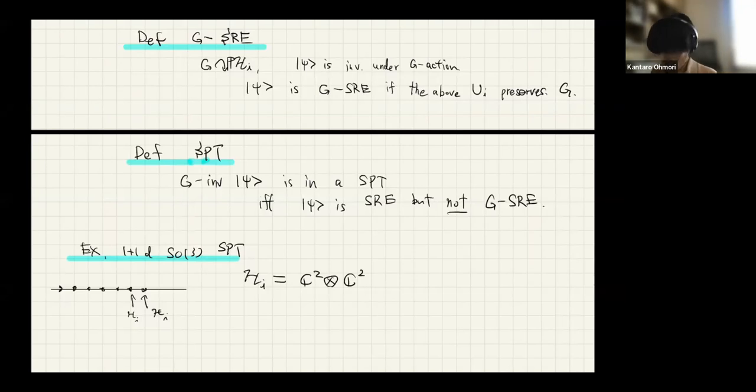Okay, and let me call the first one the A qubit, and the second one the B qubit. I just simply put the C4, but I factor it into the tensor product of 2 qubits. Okay.